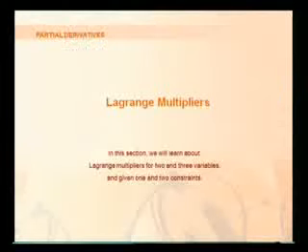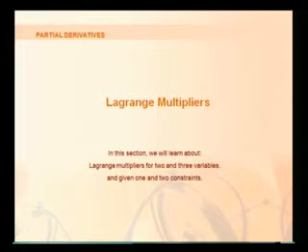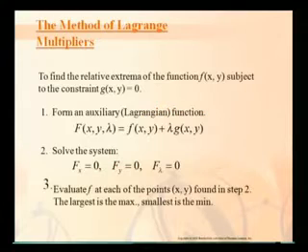Okay, now the next most important topic is the Lagrange multipliers method. In this method, I am going directly to the Lagrange multiplier method to find the maximum and minimum values.